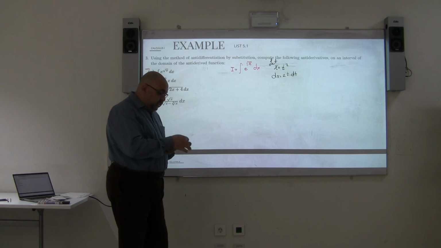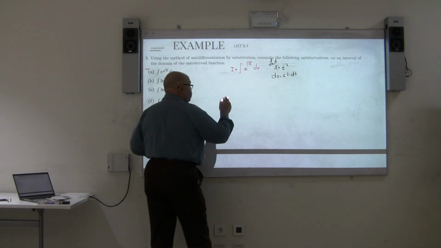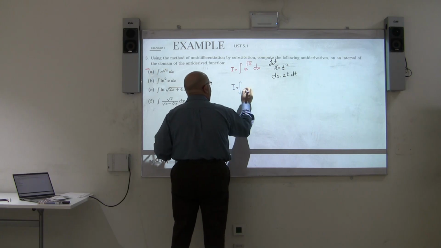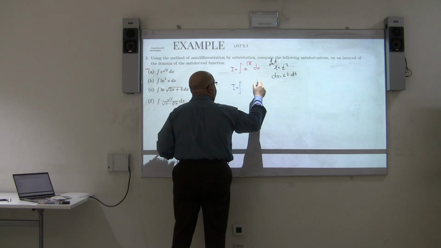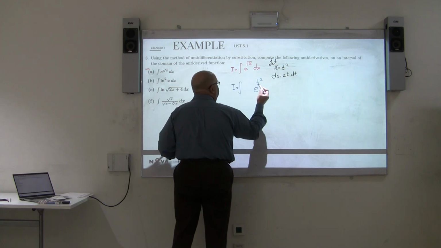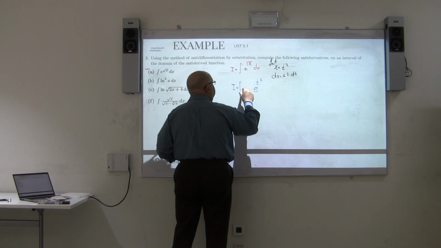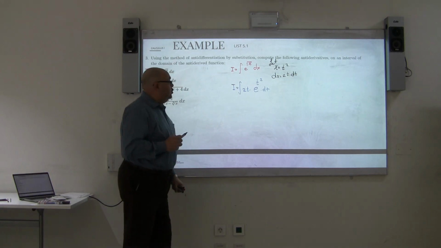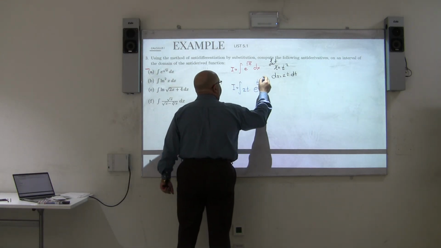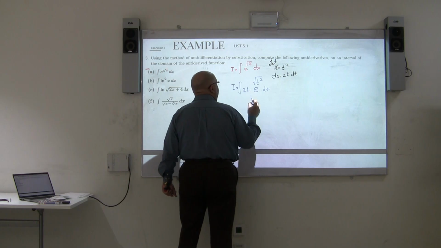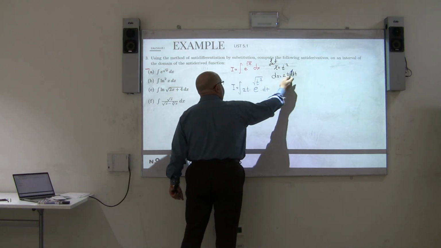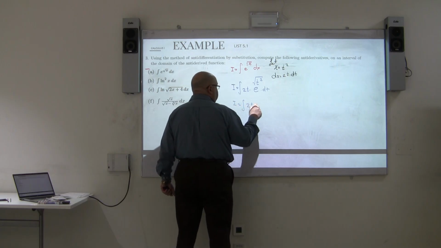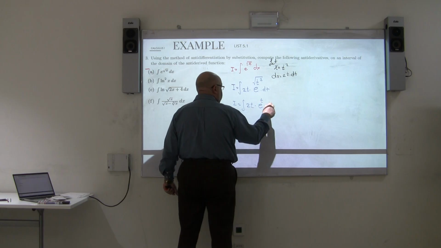So if we do this substitution, my new problem will be the integration of e to the power of t, since the t squared is under the square root, and I've replaced dx by 2t dt, so I will have the integration of 2t times e to the power of t with respect to t.